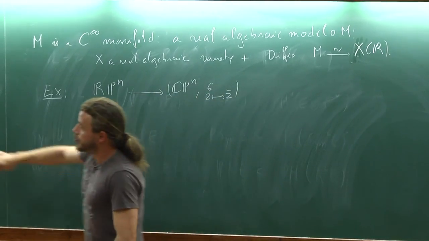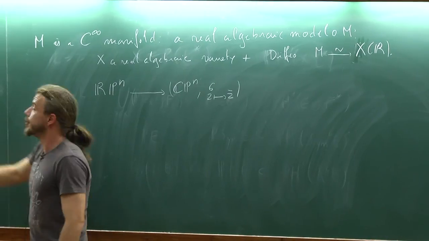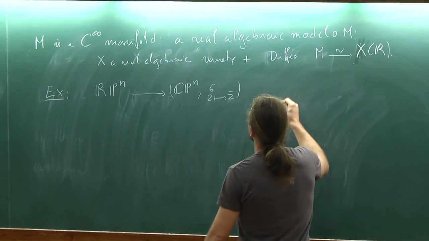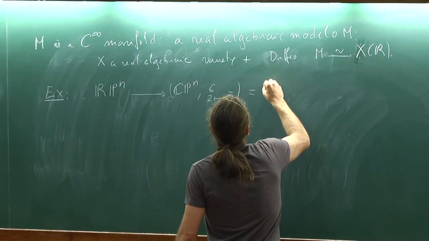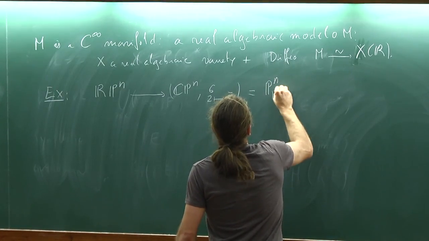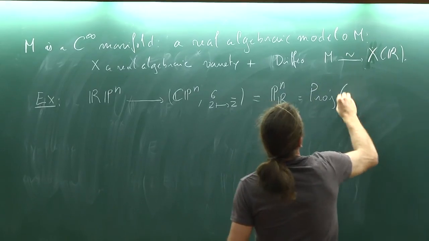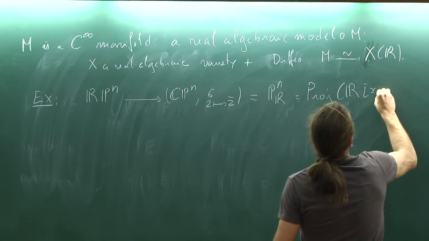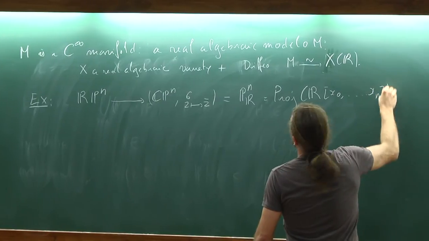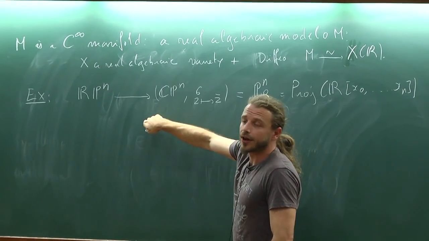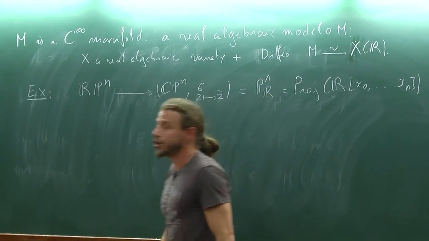And if you prefer this way of stating things, I'm just looking at what should be written P^n_R, which is just Proj R[x_0,...,x_n], and this guy is just extending the scalars and putting the standard complex conjugation.